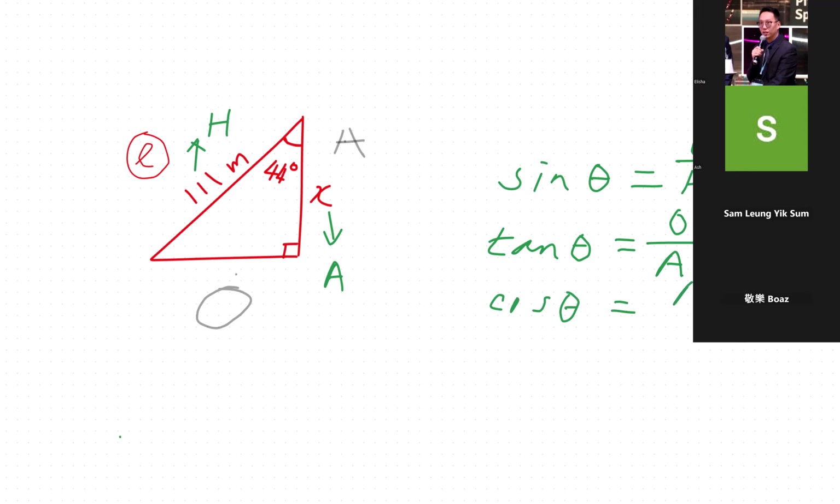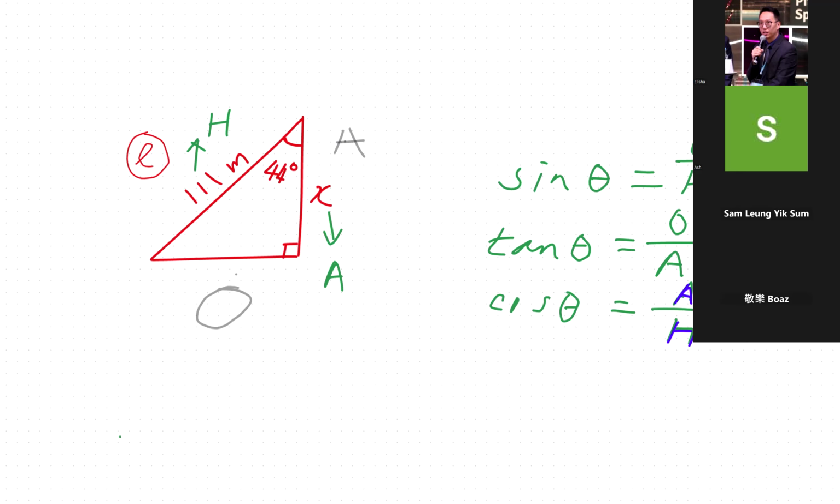So which one should you use? You have A and you have H. Which one should you use? Sine, cosine, tangent. The only one that matches is cosine, right?